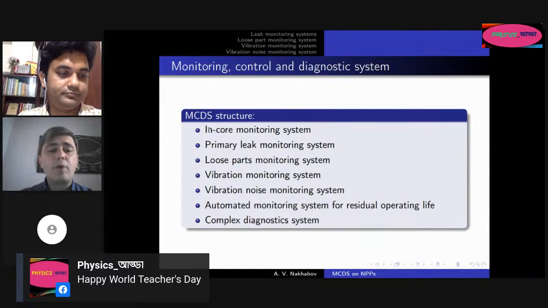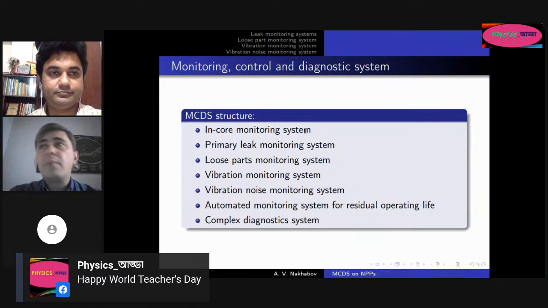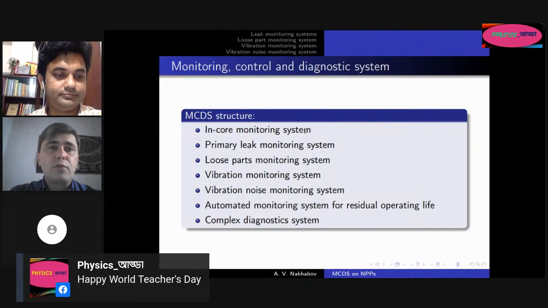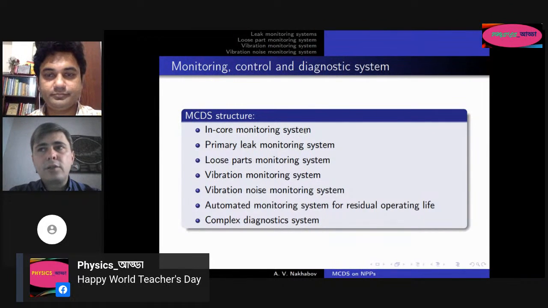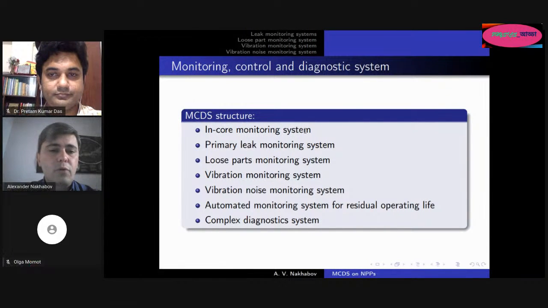First of all, we can talk about the in-core monitoring system. This system is included in this structure, but it is maybe very different from others in this list, because the in-core monitoring system consists of a lot of sensors to measure temperature and to measure neutron flux inside of the core, immediately inside of the core.